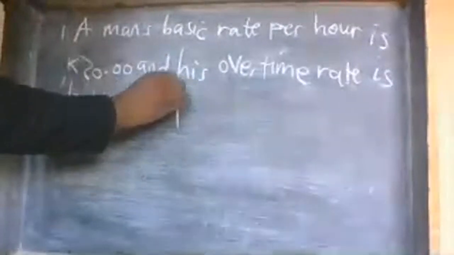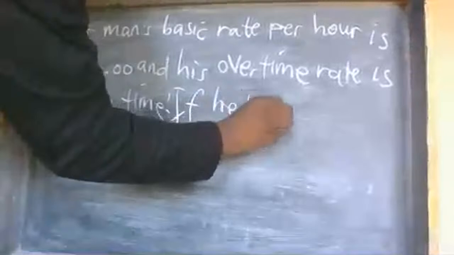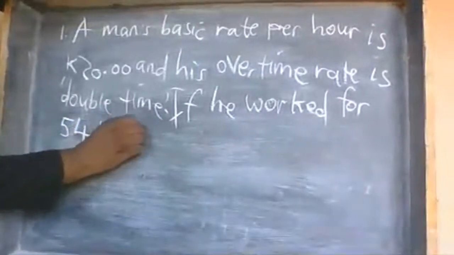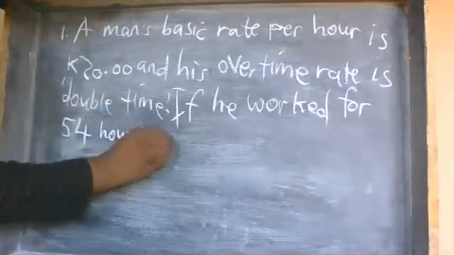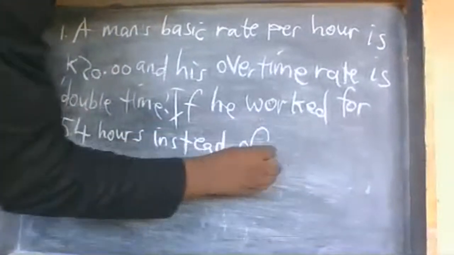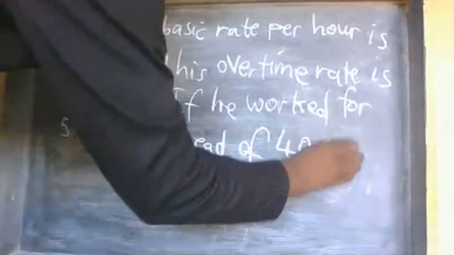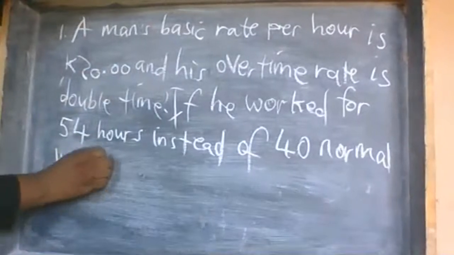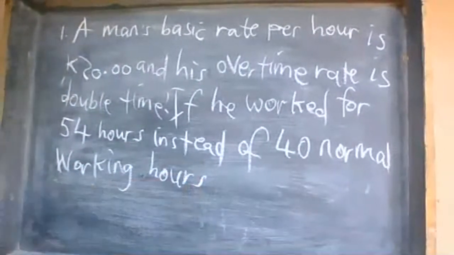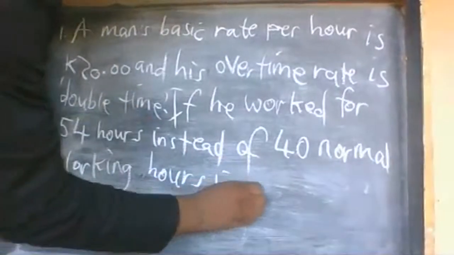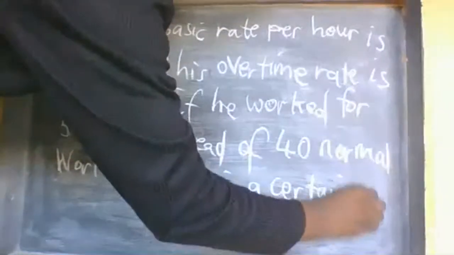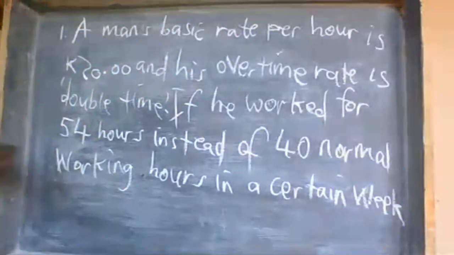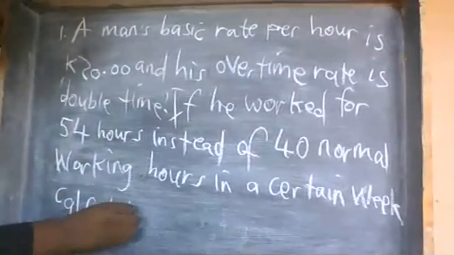If he worked for 54 hours, instead of 40 normal working hours, in a certain week, calculate his wage for that week.